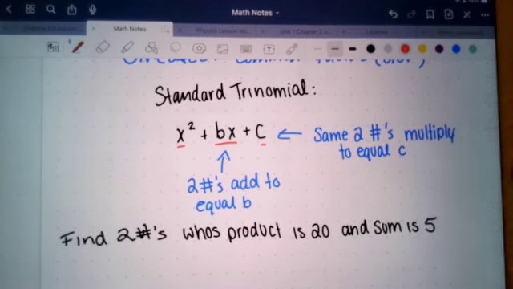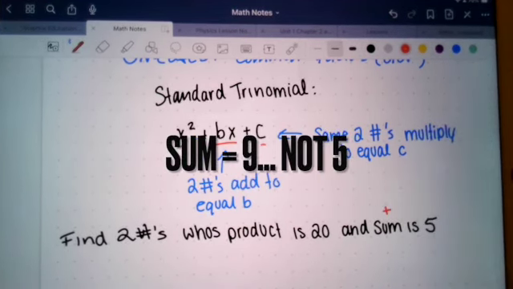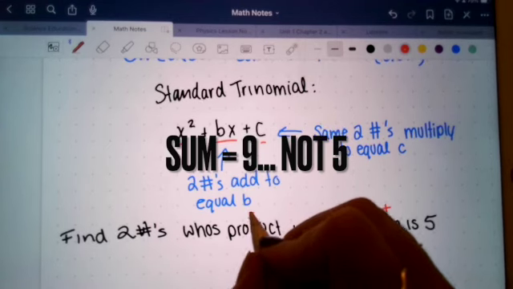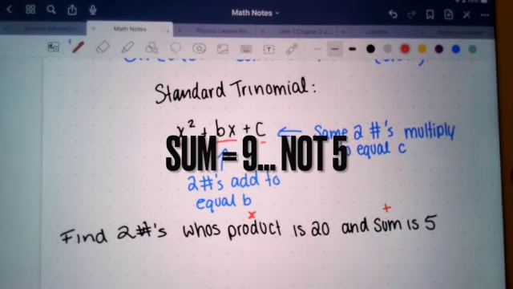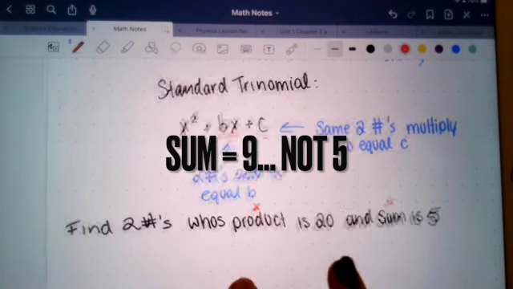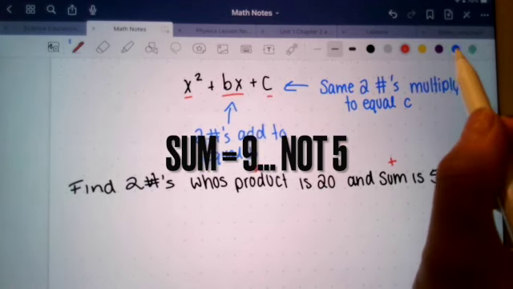Okay, so sum, remember, sum means the answer when we add things together, and the product means the answer when we multiply things together. And so I've just put those little symbols above each number so that you guys can follow along with that. If I'm trying to find the two numbers that I'm going to use to help factor this, and I'll explain what we're going to do with those in a second, we can do it a couple of different ways. One of the most common ways to do it is to list it.